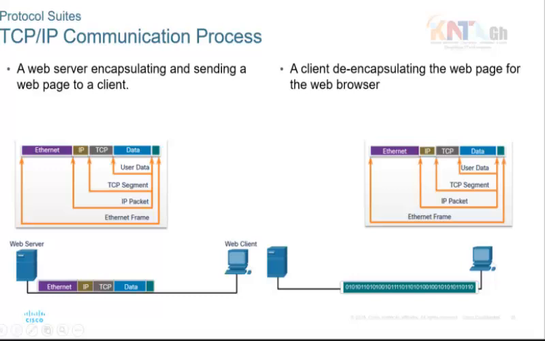Now, when you look at this side, a client is de-encapsulating the web page for the web browser. This server has sent the web page. It's getting to the client, and the client will also de-encapsulate it. That is, change it from this format to an understandable format for the client to interpret.